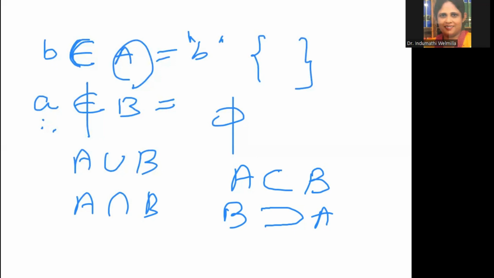So there are important properties of sets. Suppose we have 3 sets: set A, set B, and set C. Then based on that, we can discuss properties of these sets.